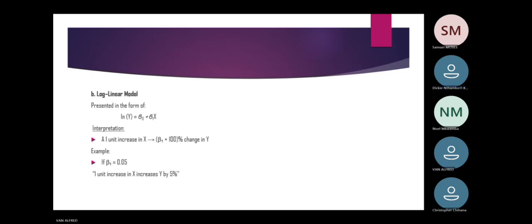To interpret this, we can say a 1 unit increase in x brings a change in our y, where our beta 1 is multiplied by 100%. For example, if beta 1 is equal to 0.05, it means that a 1 unit increase in x increases y by 5%.